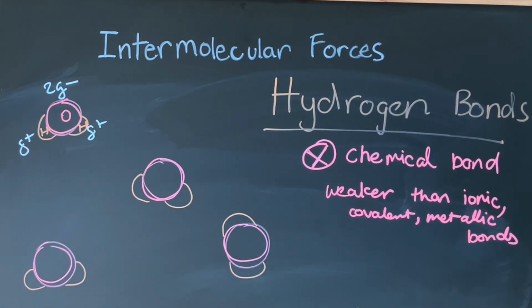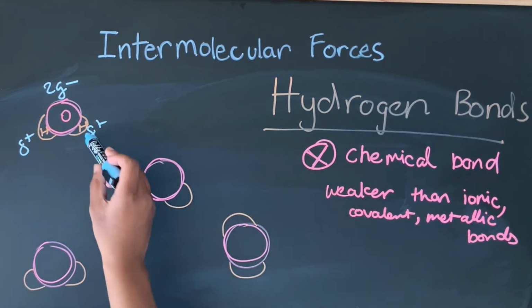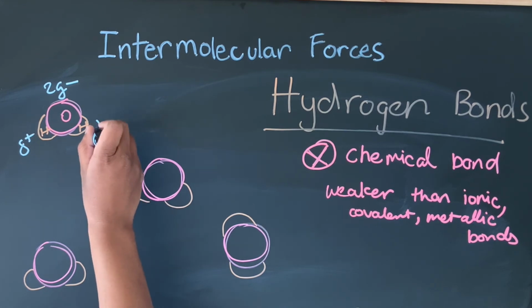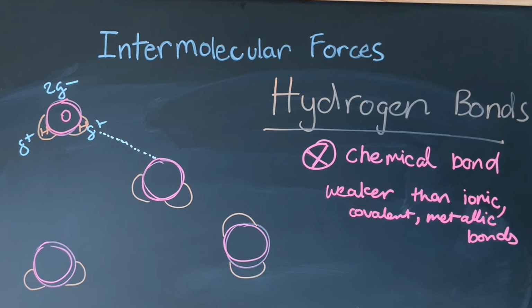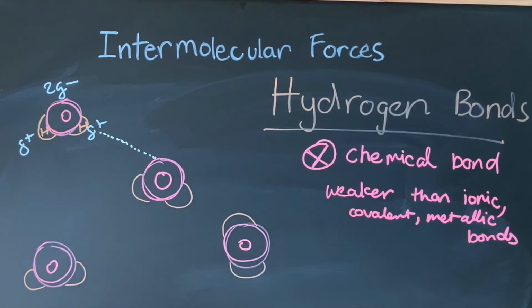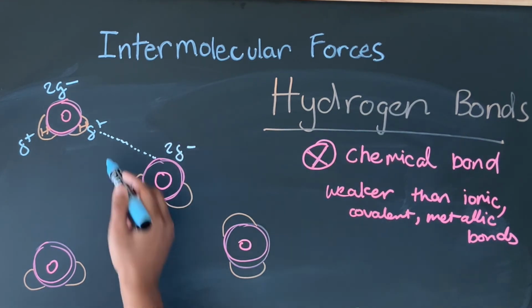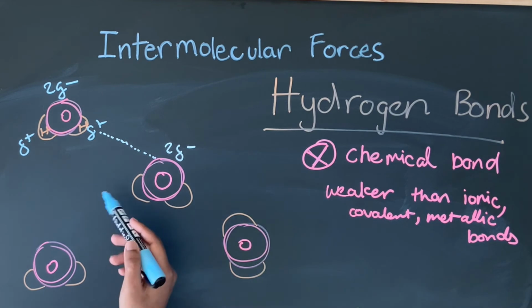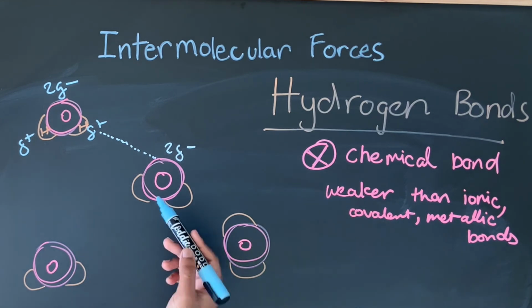And when they hydrogen bond with other water molecules, this is what happens. So the positive charge of the hydrogen is attracted to the negative of this oxygen. The negative charge of this oxygen and the positive charge of this hydrogen is what causes this small dipole moment and this interaction.